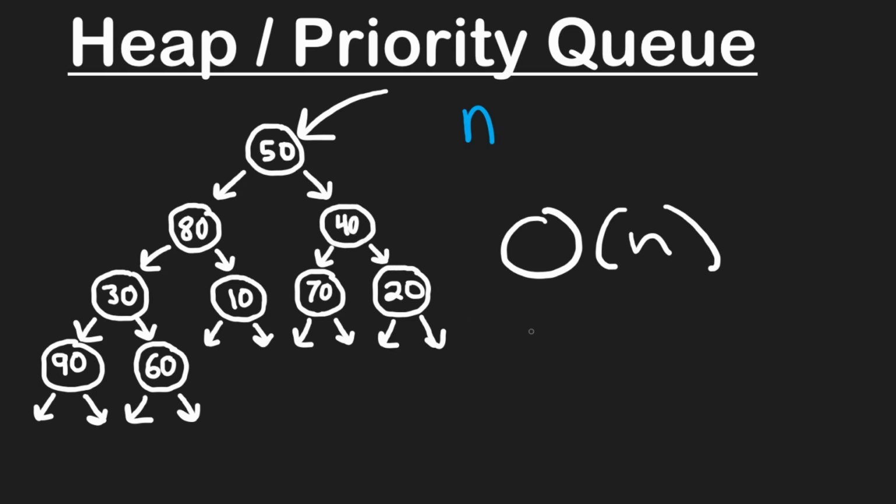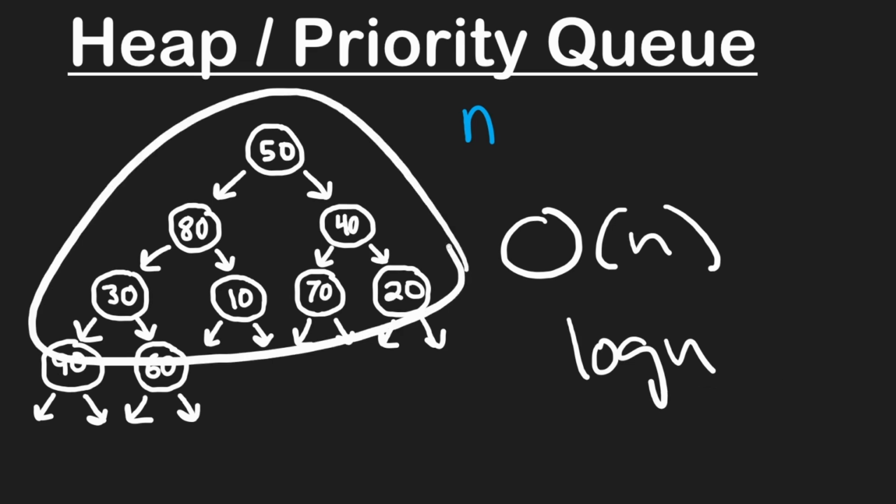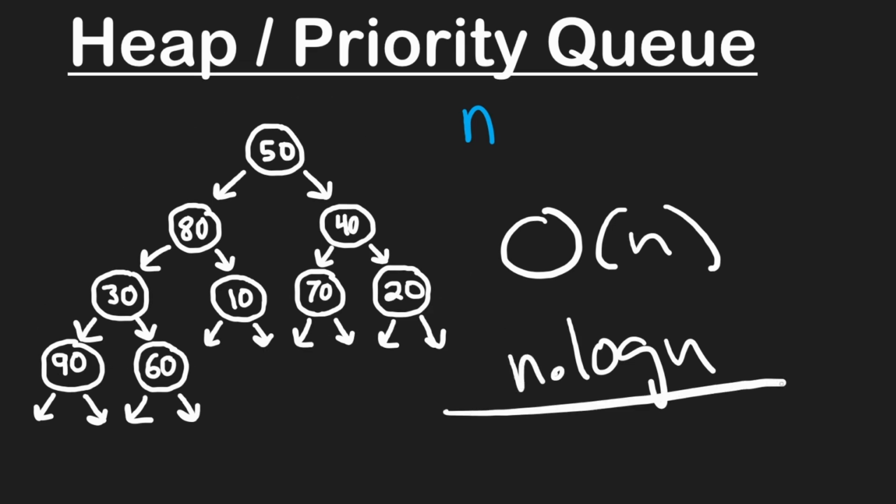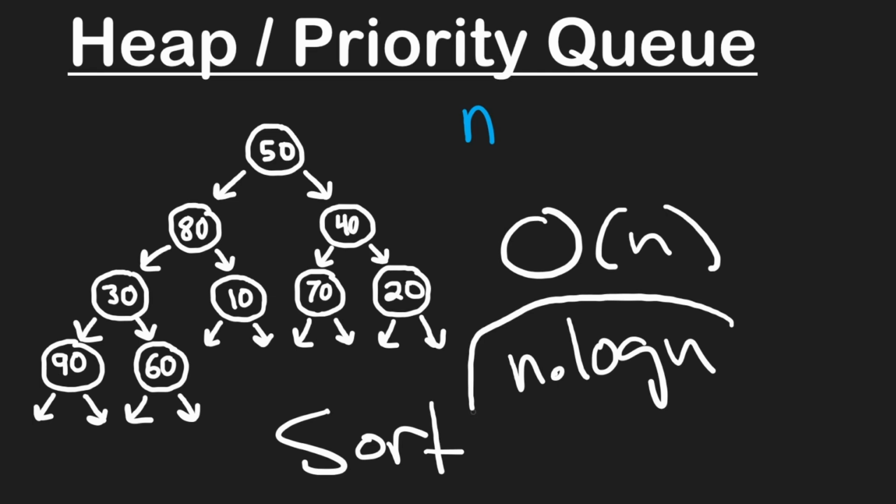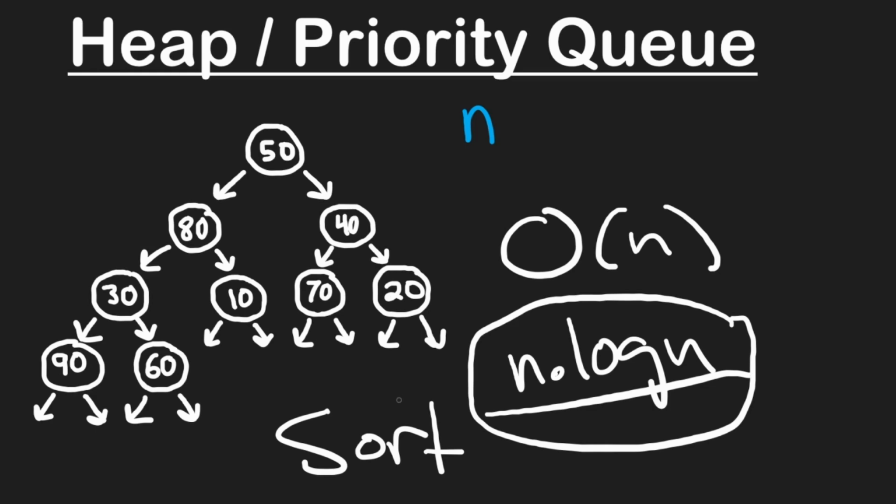We know popping is still going to be a log n time operation. If we have to do it for n elements, then it'll take n log n. So what I'm saying here is we can actually use heaps also to sort values, and we can do that also in n log n time, just like binary trees, just like merge sort, and the rest. So this is yet another example of sorting.